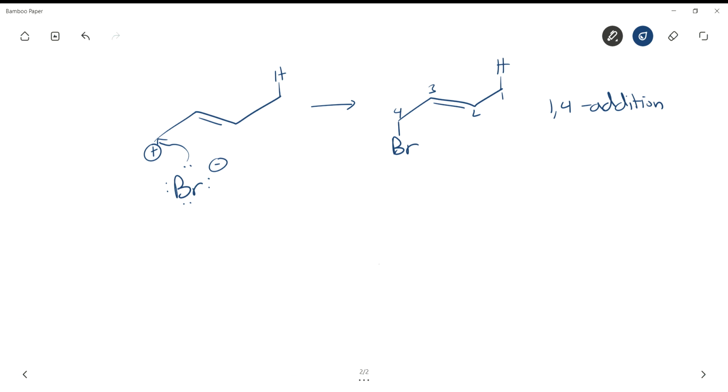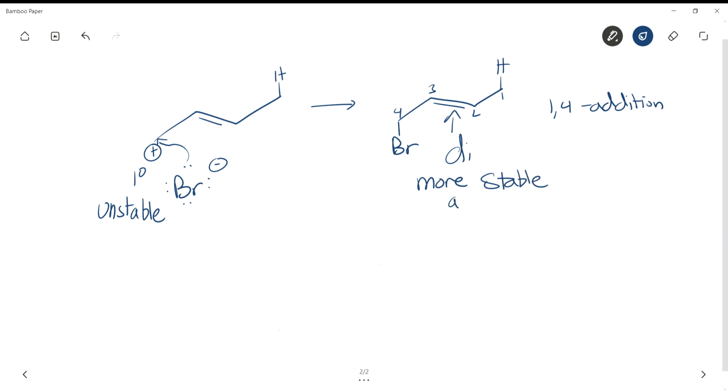Now you'll say that the primary carbocation is unstable, and that is true, and it's going to require a lot of energy to overcome that primary carbocation. However, when you look at the product, this is a di-substituted alkene, and the di-substituted alkene will be the more stable alkene of the two choices.